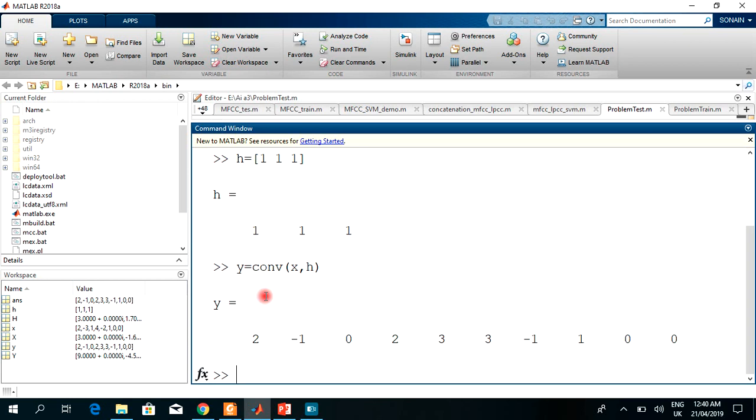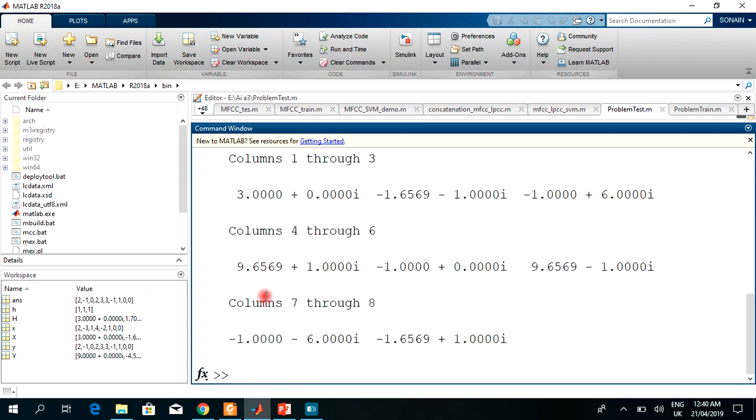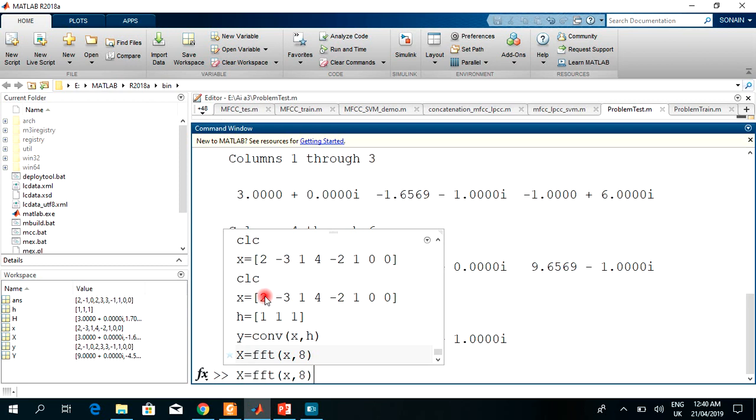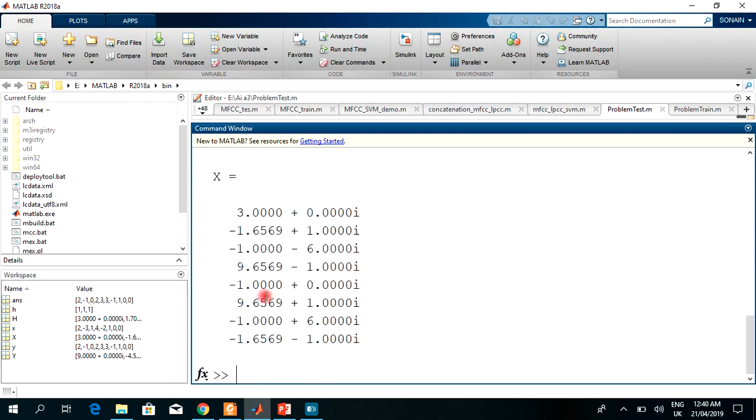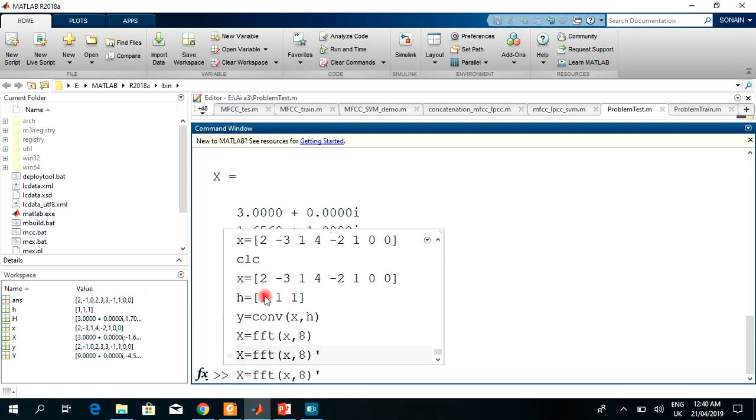Now just applying an 8-point FFT on X, it will be like that. If you want to see it in a better way, just apply transpose, and this is the Fourier transform of X, the signal.